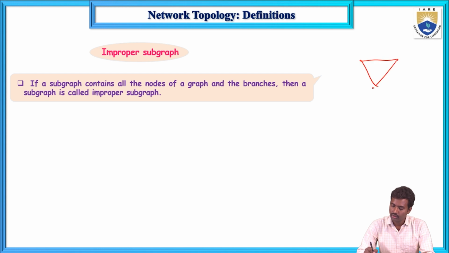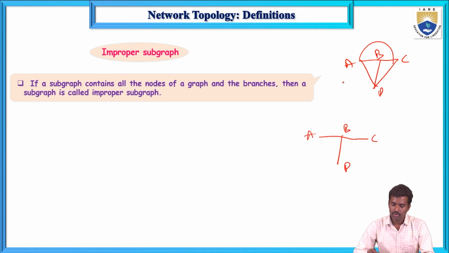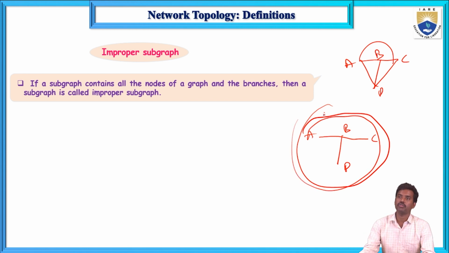This is the graph A, B, C and D. Now I am selecting one graph here, A, B, C and D. It consists of all nodes and branches. So this is a subgraph, but it is an improper subgraph.